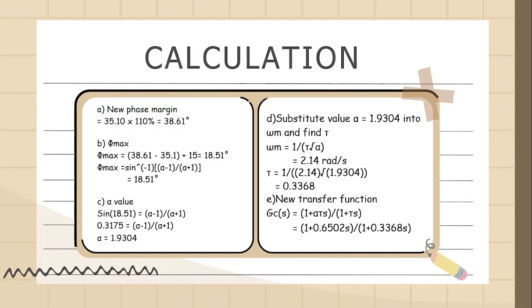The value of alpha here, as we can see, is 1.9304. After that, we need to find the value of tau. To find the value of tau, we just need to substitute the value of alpha, and then we will get the new transfer function for our equation.